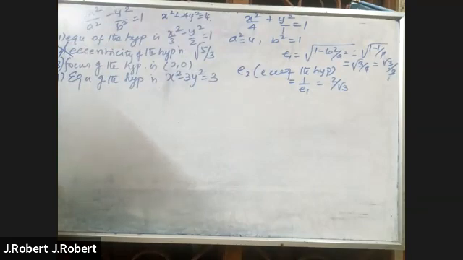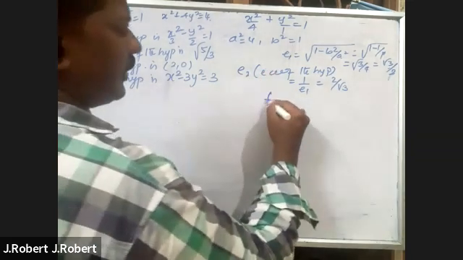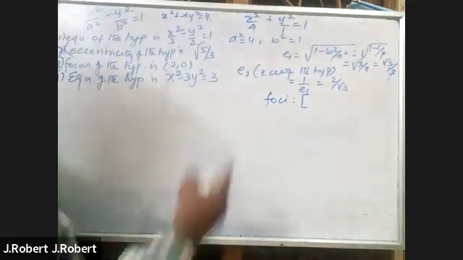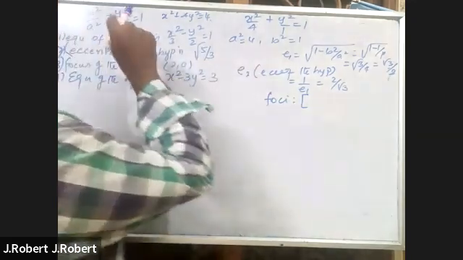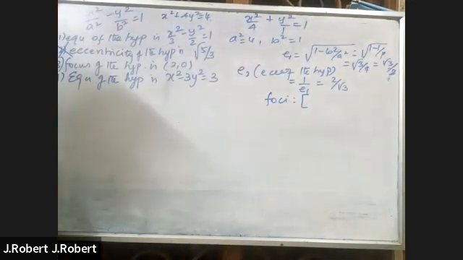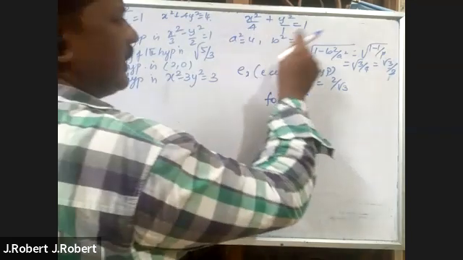Now the focus of the ellipse. The foci of the ellipse are (ae, 0).